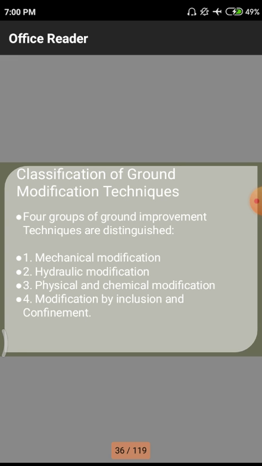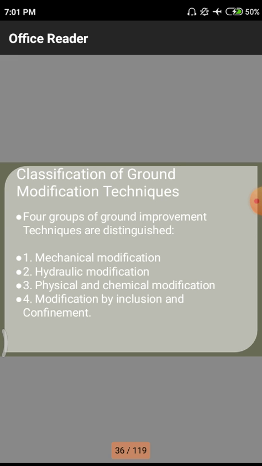We need the parameters of the soils near our projects, so that after knowing the project we can apply some modification techniques to improve our soil properties, and for that we need particular methods.